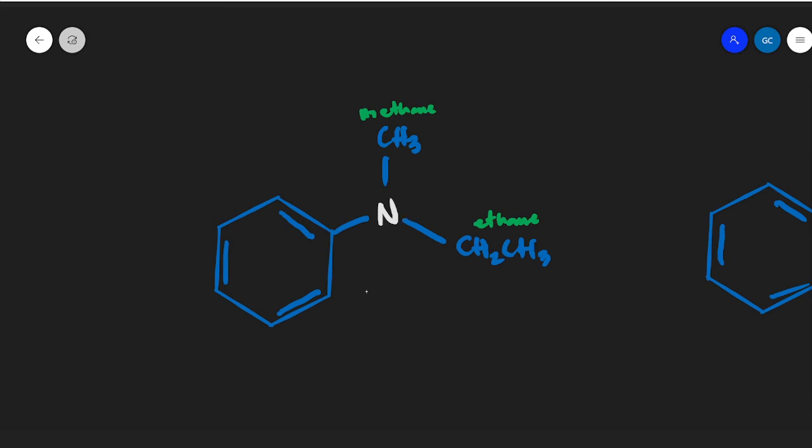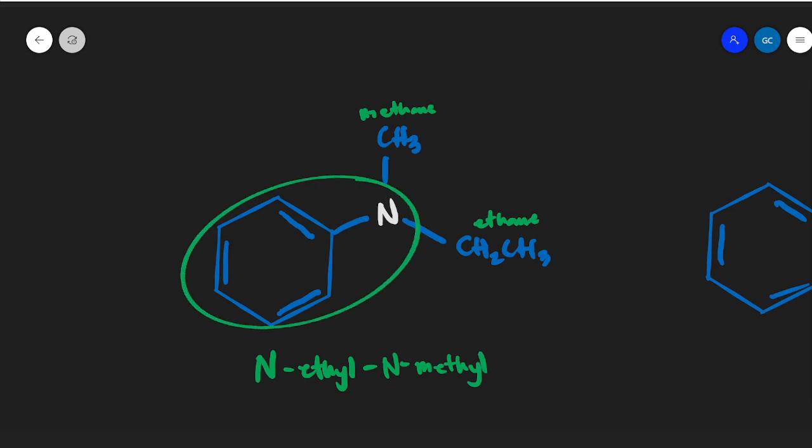This will be named, still alphabetical, E comes first. So we have N-ethyl, N-methyl, and then you just name this as aniline. So we will have N-ethyl, N-methyl aniline.